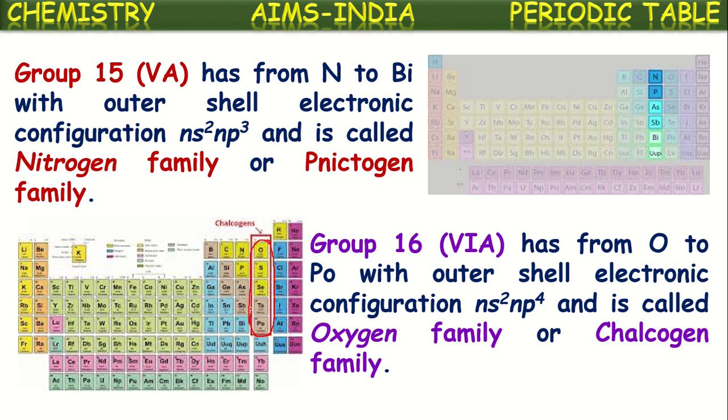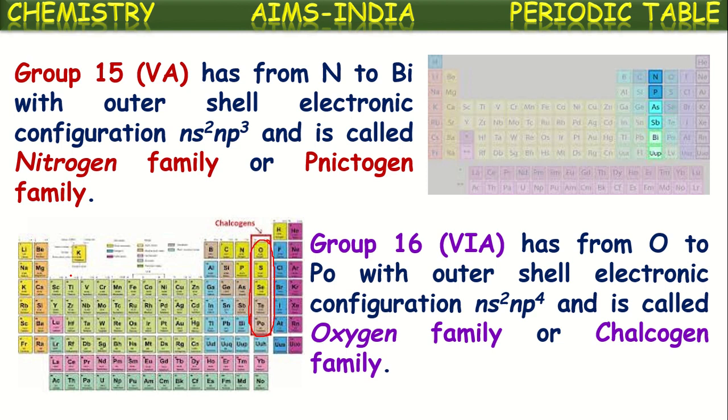These are also called chalcogens. The correct meaning of the word chalcogens is ore formers. Most of the metals in the periodic table are available in the earth's crust in the form of oxides, sulfides or selenides. So most of the metals exist in the form of sulfides, oxides and selenides.